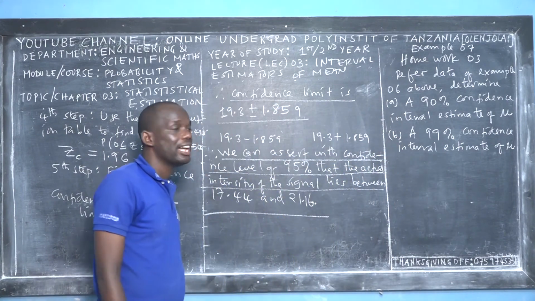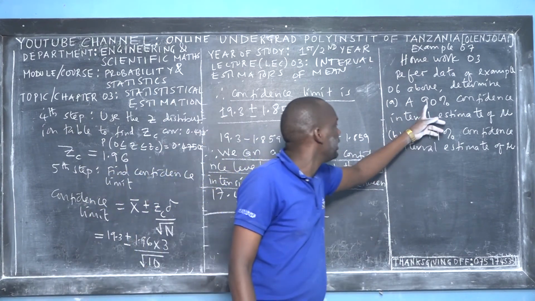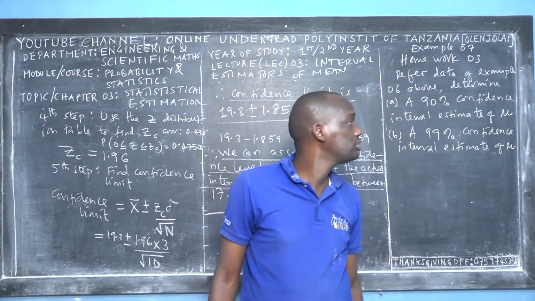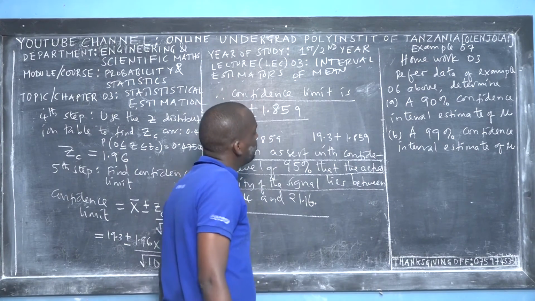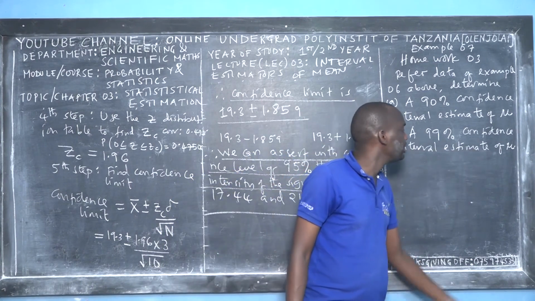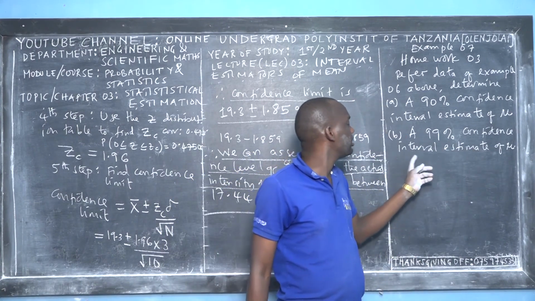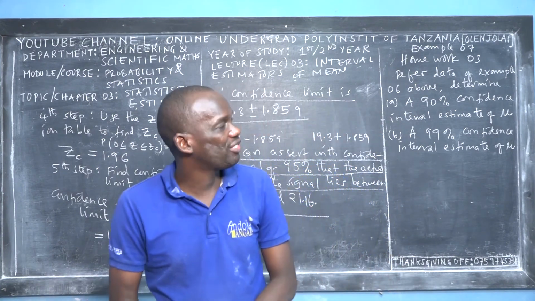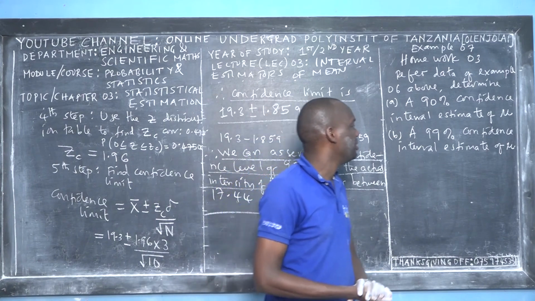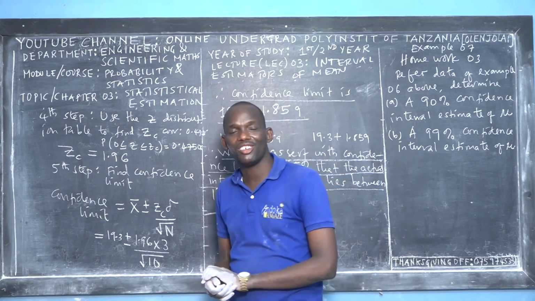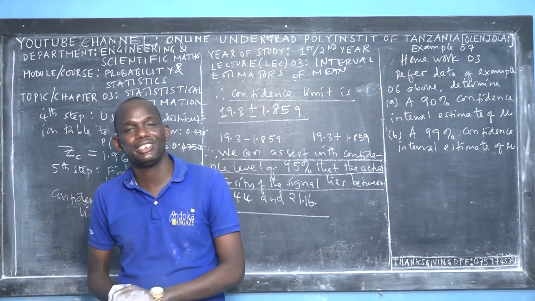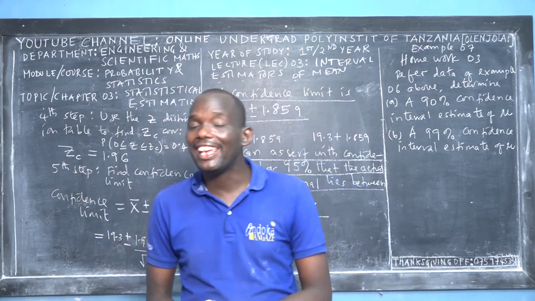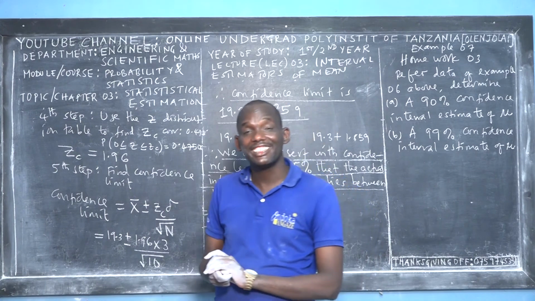Determine A, a 90% confidence interval estimate of the population mean for the data of example 6, and also B, a 99% confidence interval estimate of the population mean. If you do that, then you are in a good position to understand the interval estimate about the mean with unknown population variance. That's the end of lecture 3, or session 3.